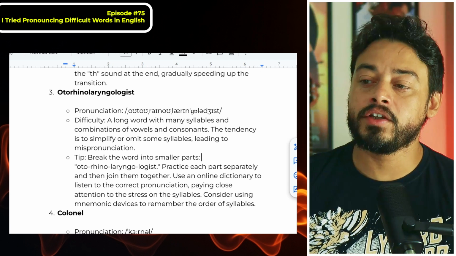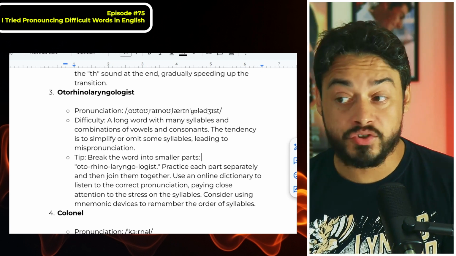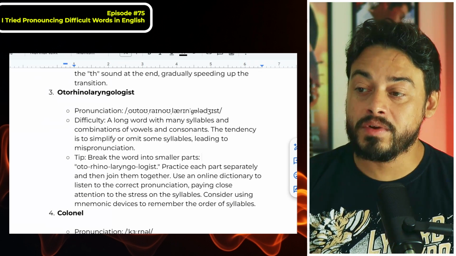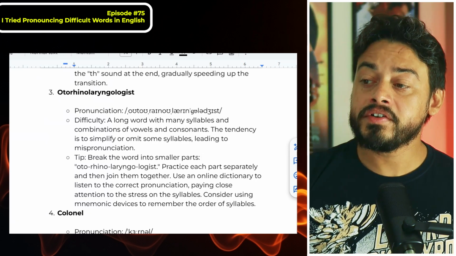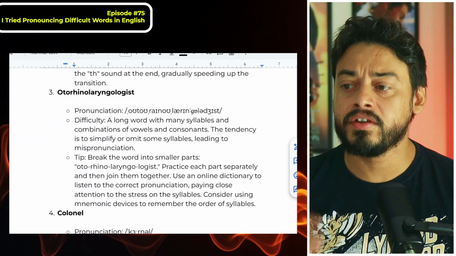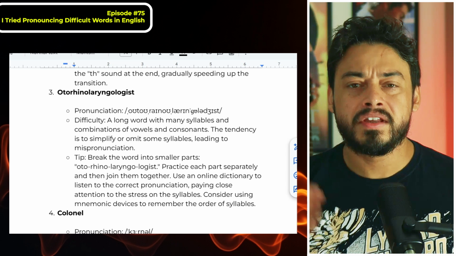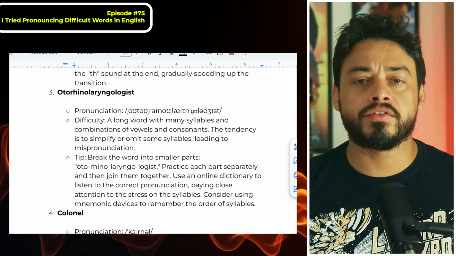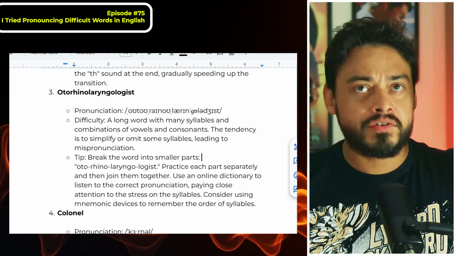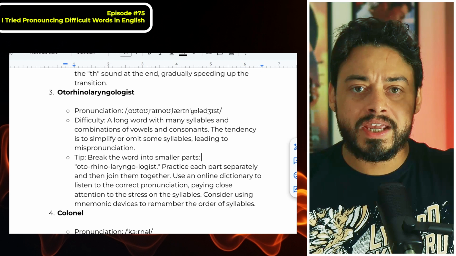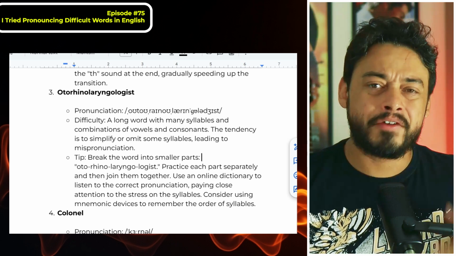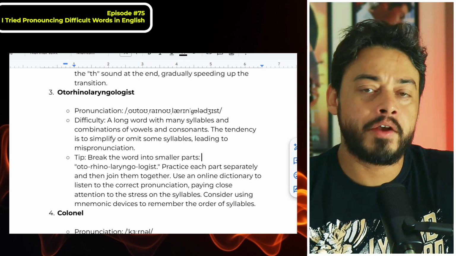You can use an online dictionary to listen to the correct pronunciation, paying close attention to the stress on the syllables. Also consider using mnemonic devices to remember the order of syllables. Maybe associations, try to picture something in your mind or associate something in your mind to help you better grasp how to pronounce these syllables.